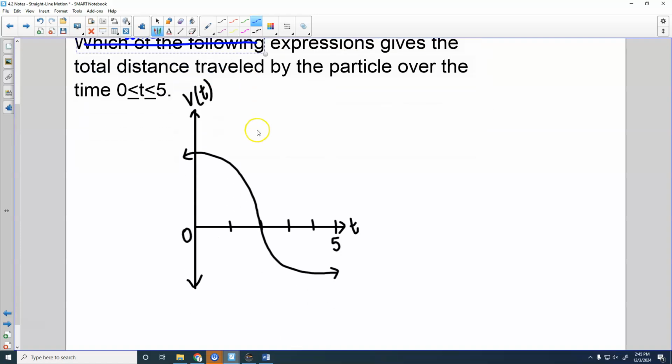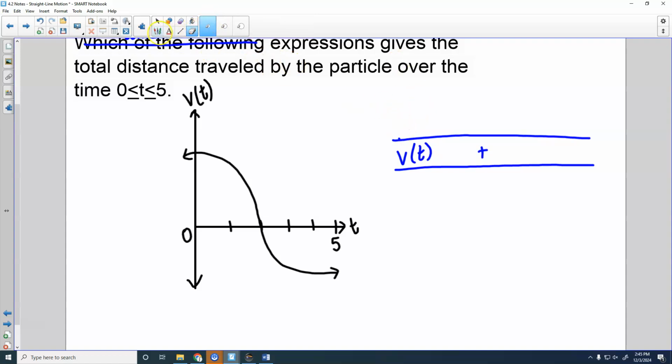So when I see the velocity, if it is positive, what does that tell me about position, x of t? Increasing, right? If I've got negative, decreasing. We could also think of increasing as the right or positive direction, and decreasing as the left or negative direction.